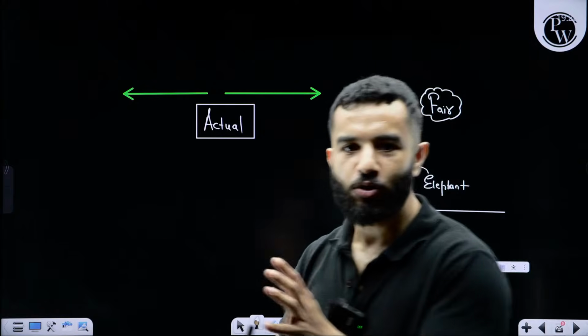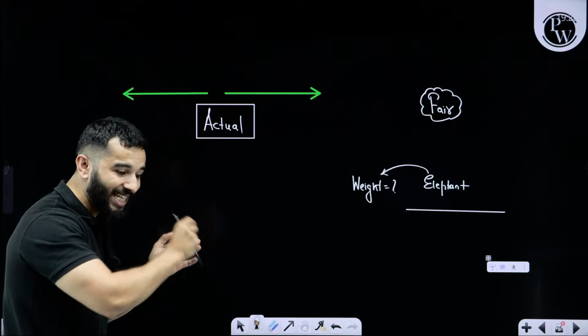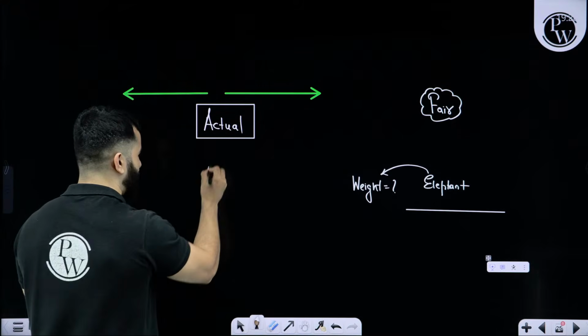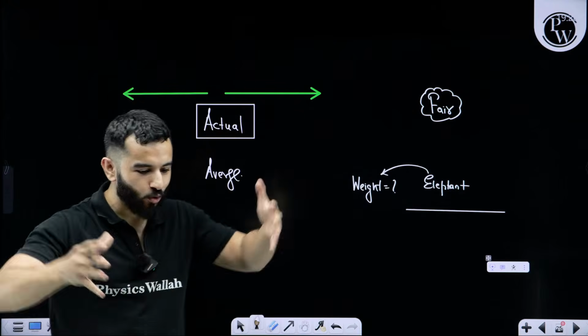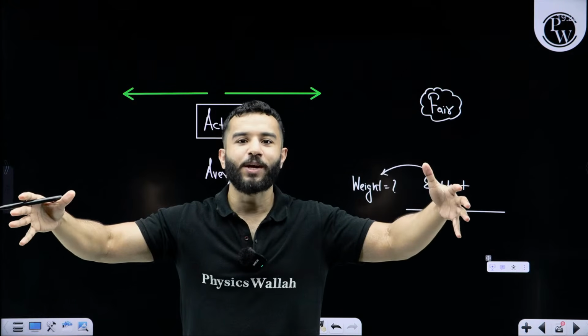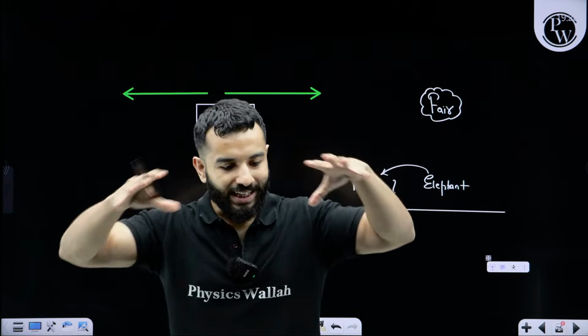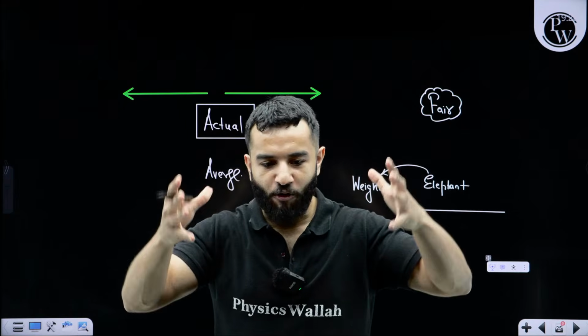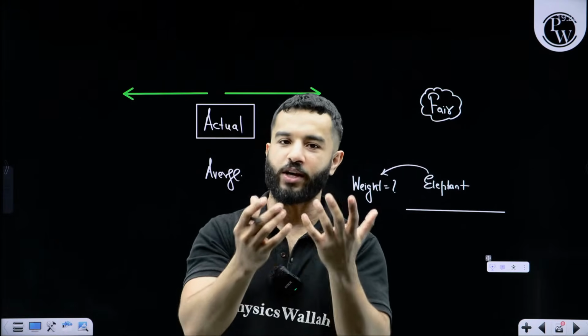So by doing this method of guessing and taking the average of all of these values, you can actually cancel out the inaccuracy because of inexperience. Got it? The final average value came out to be really close to the actual weight of the elephant.